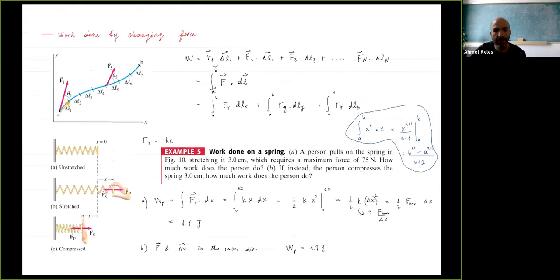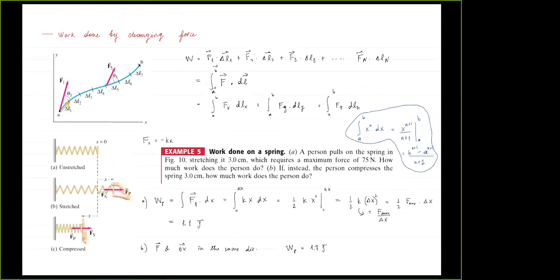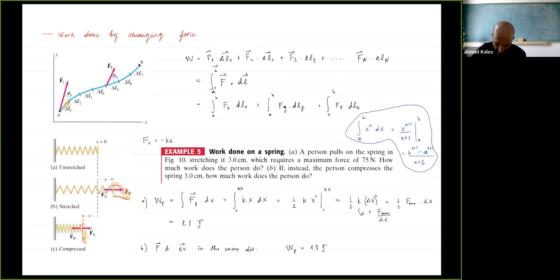Any other questions? Hocam, I think the result should be 112.5 joules. 112.5 joules.